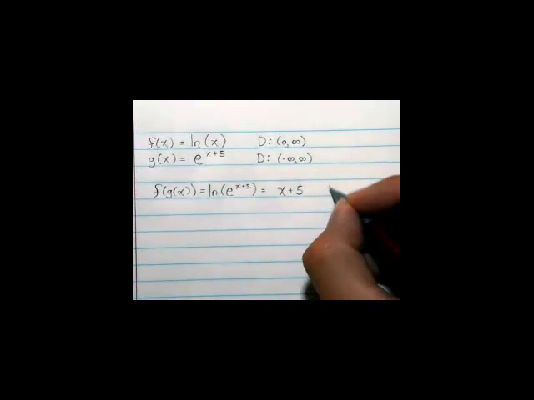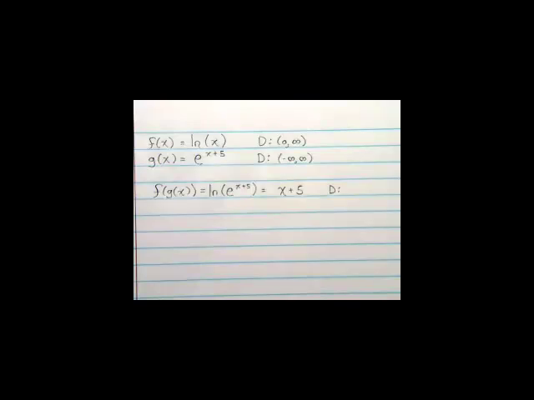Can we identify the domain of that thing, though? So again, go back to before you simplify it. Ignore the natural log for right now. In right here, what numbers can I plug in for x into the e to the x plus 5? Anything, right? Everything still works. Now, when I plug in to an e to the x plus 5, the result is always going to be what?